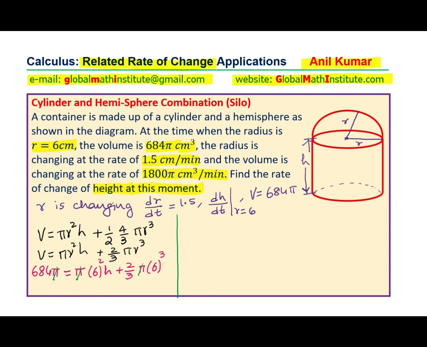So let me rewrite the final calculation. 684 equals 36h plus 2 times 6 cube. So let's multiply. 6 cube is 216, we'll multiply that by 2, which is 432.